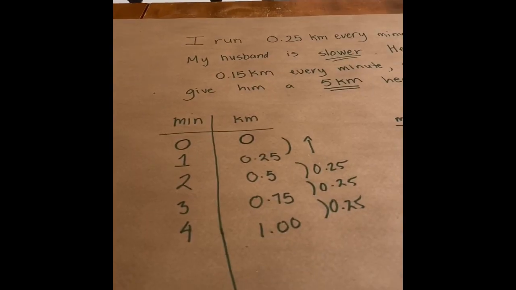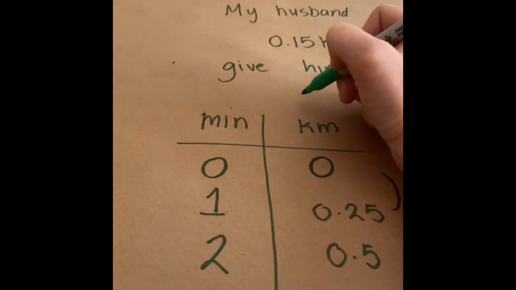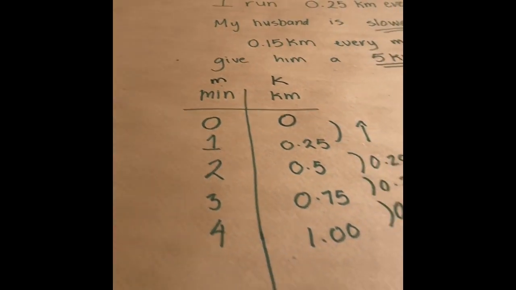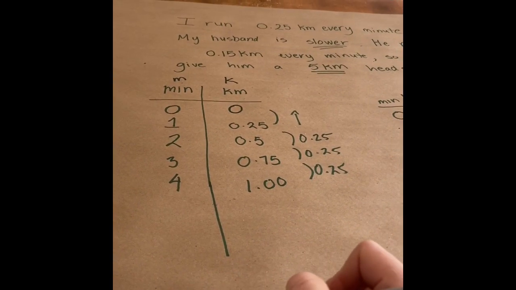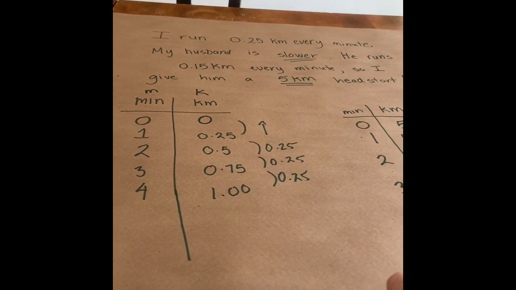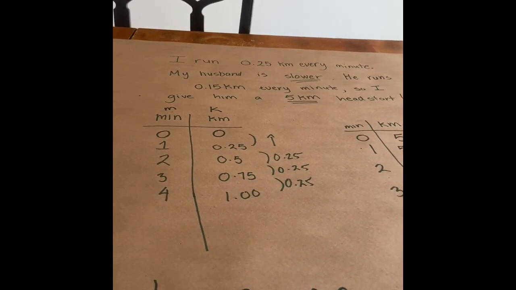Okay, so let's do a couple things. Let's first create an equation for Ms. Thungraj. Here, these are kilometers, these are minutes. My kilometers, at the beginning, start at 0 and they jump up 0.25 every minute. If the y-intercept or the initial value is 0, you don't need to write it down.